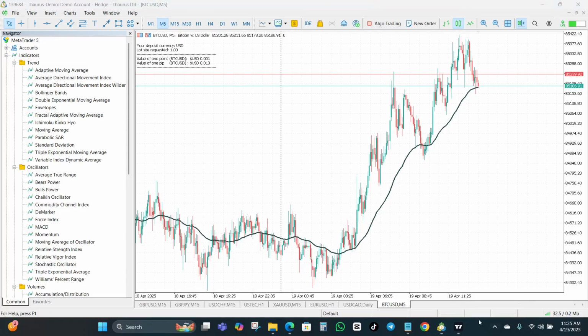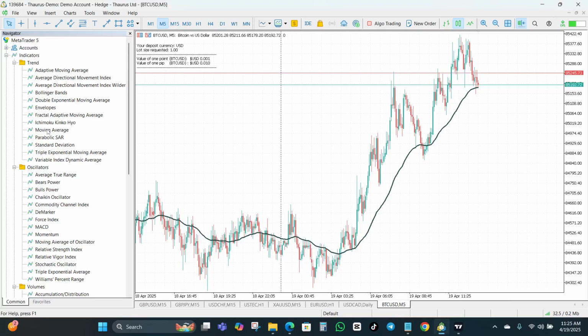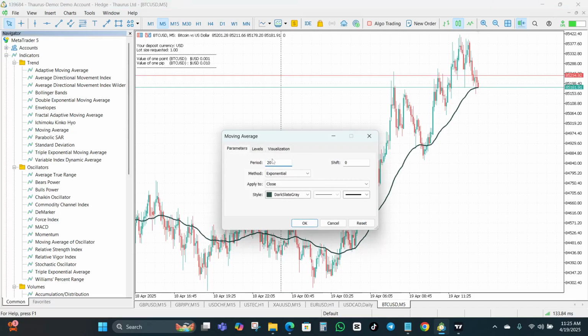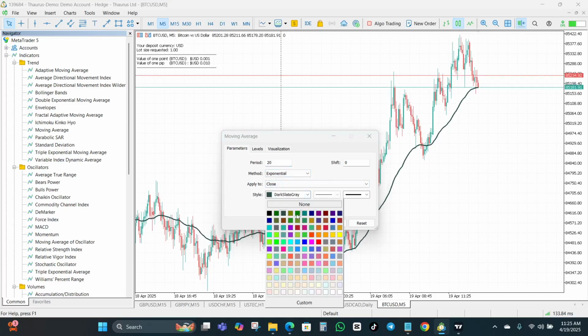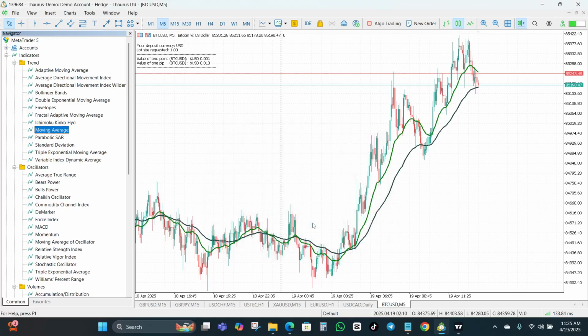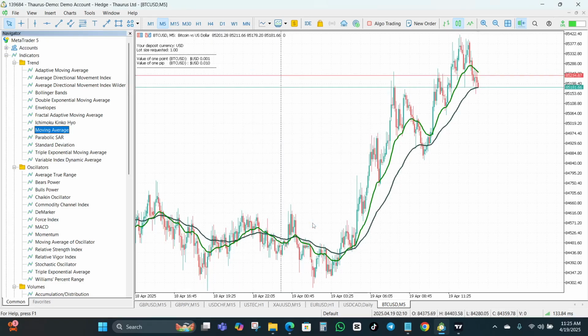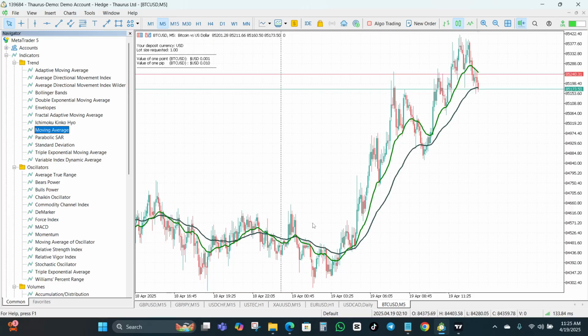So I added the 50 EMA already. Now let me add the 20 EMA. All right, this is the 20 EMA. Okay, now this will help you gauge short-term momentum and act as dynamic support and resistance.